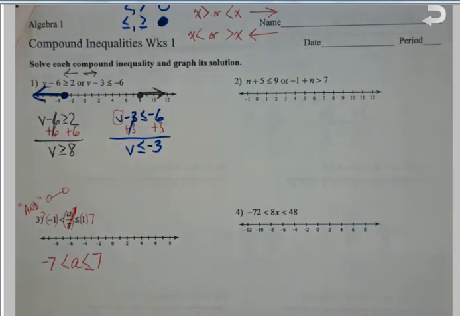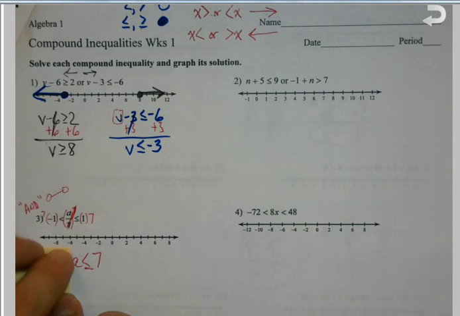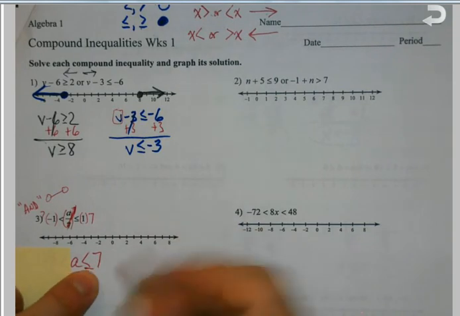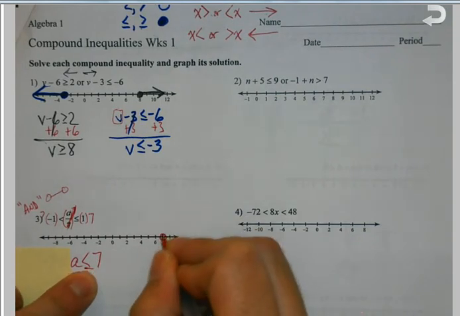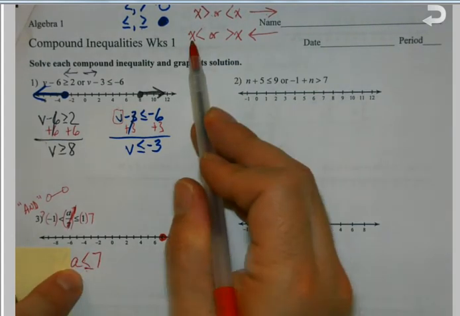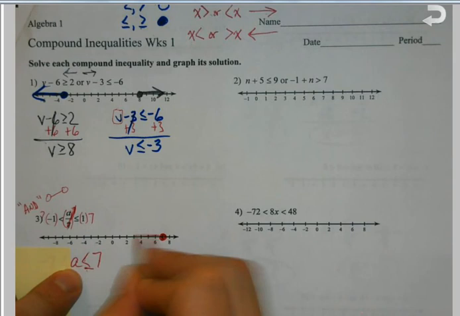But when I go to graph them, I got to remind myself, I'm going to look at them a piece at a time here. So my first job is to look and say, okay, A is less than or equal to 7. Well, I see or equal to, so it's 7. I'm going to have a closed dot. The arrow's pointing at A, which means less than, just like it does here, which means that arrow is going to be coming to the left.